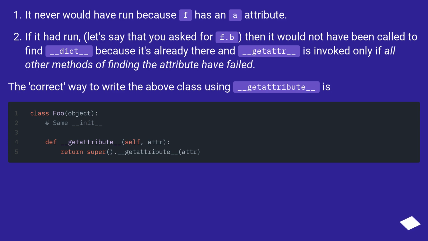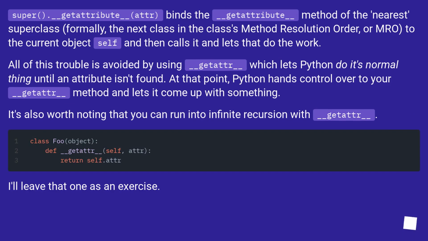The correct way to write the above class using __getattribute__ is shown here. super().__getattribute__(attr) binds the __getattribute__ method of the nearest superclass, formally, the next class in the class's method resolution order, or MRO, to the current object self and then calls it and lets that do the work.